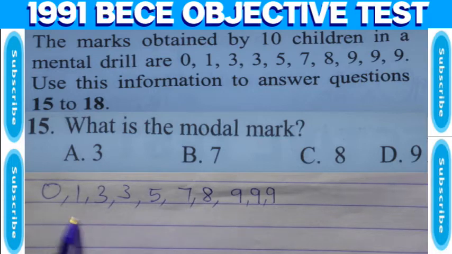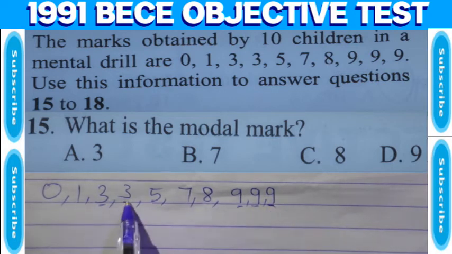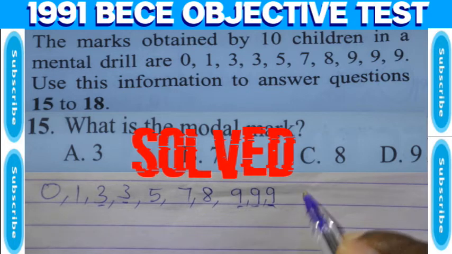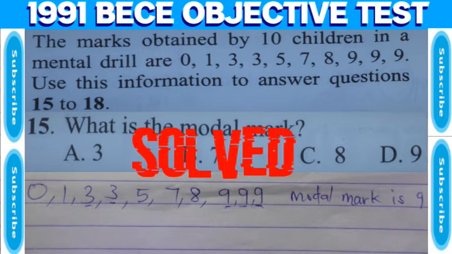We have 3 appearing 2 times, and 9 appearing 3 times. So we have three 9s and two 3s. When you compare the frequency of the mark 9, it is more than that of the 3. So 9 is the modal mark.